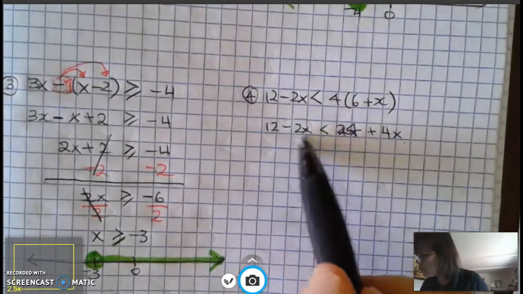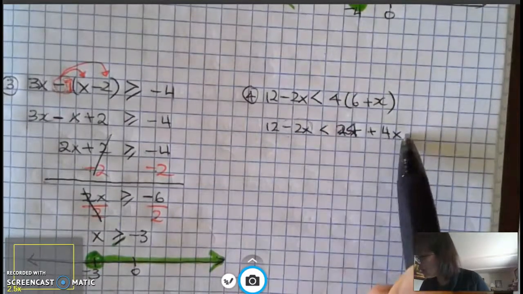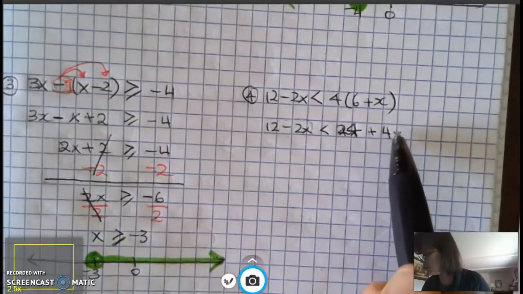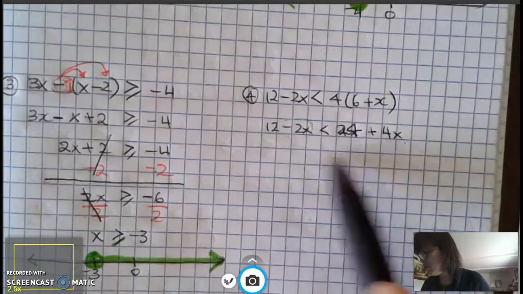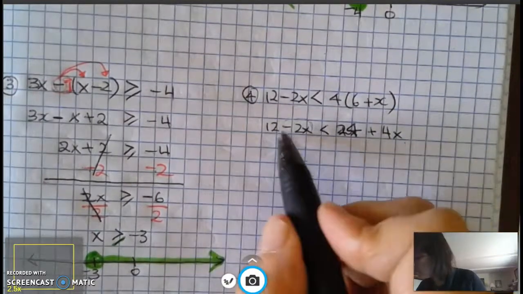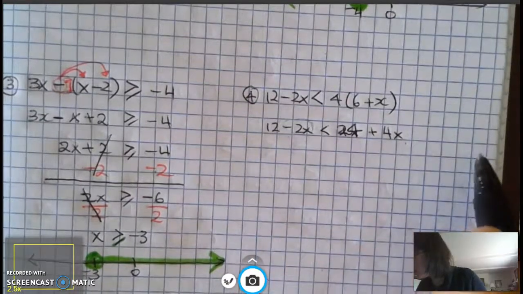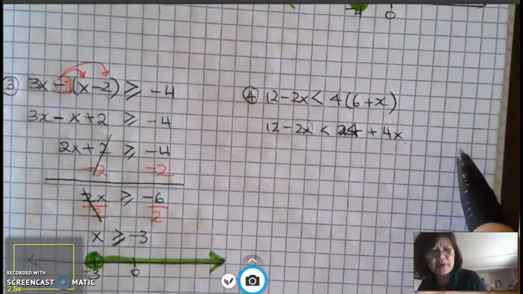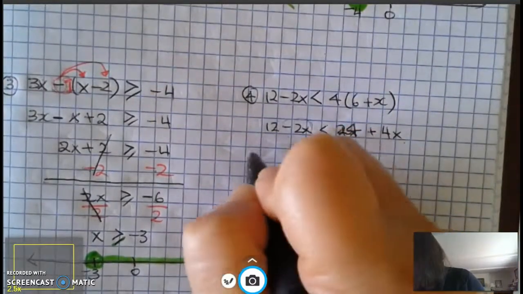So I can bring this to the other side, or I can try to get rid of this negative 2x, or I can try to get rid of this 4x. It's up to you. Let's do it one way, and then if we have time, we might try doing it the other way too.